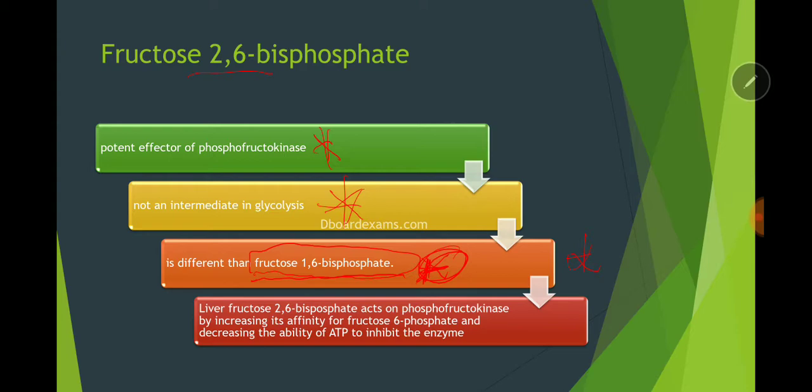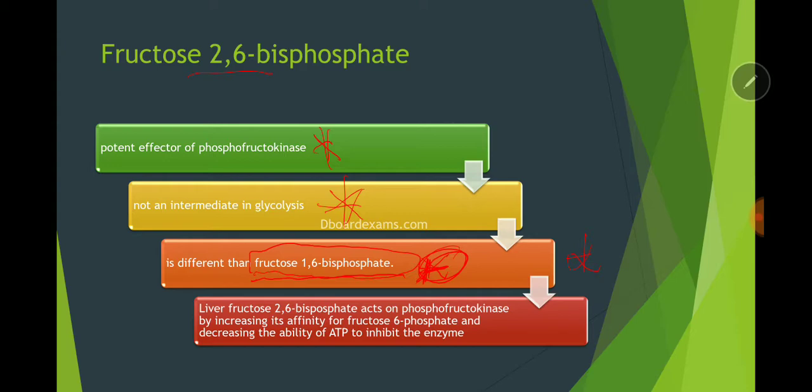Now, in the liver, fructose 2,6 bisphosphate acts on phosphofructokinase by increasing the affinity for fructose 6 phosphate. Now you have to remember that fructose 6 phosphate is the substrate for phosphofructokinase. If they ask you what's the substrate for phosphofructokinase, it's fructose 6 phosphate.